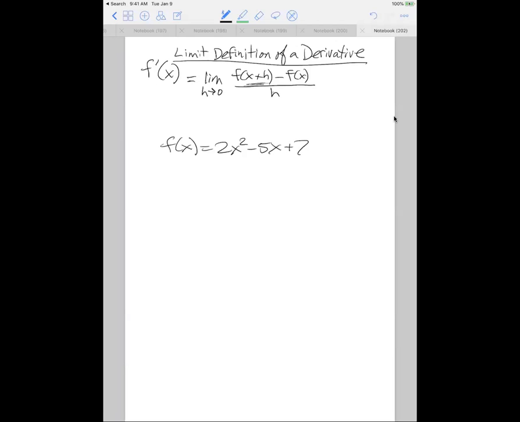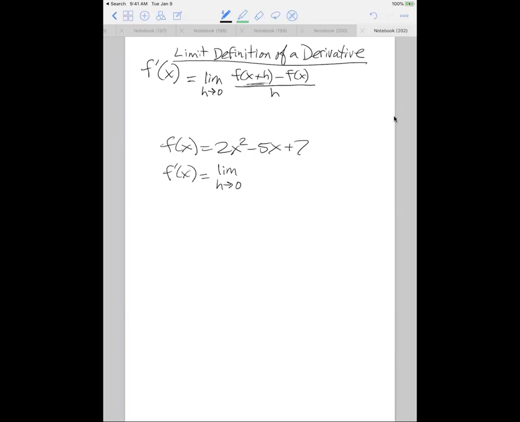So let's go through the process here. If f of x is equal to 2x squared minus 5x plus 7, then the derivative of that using the limit definition is going to be equal. And again, I'm going to use the word limit, the symbol there, limit as h goes to 0 the first time, and then I'm going to plug in a smiley face along the way.